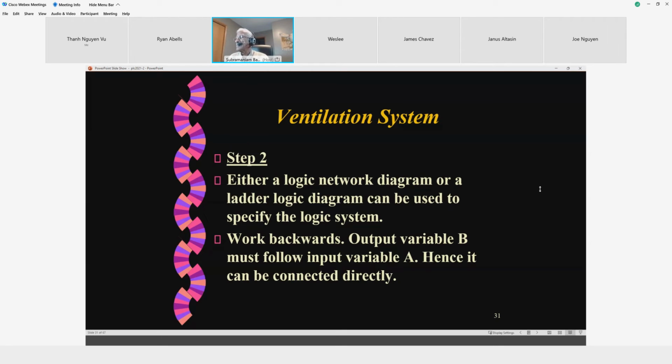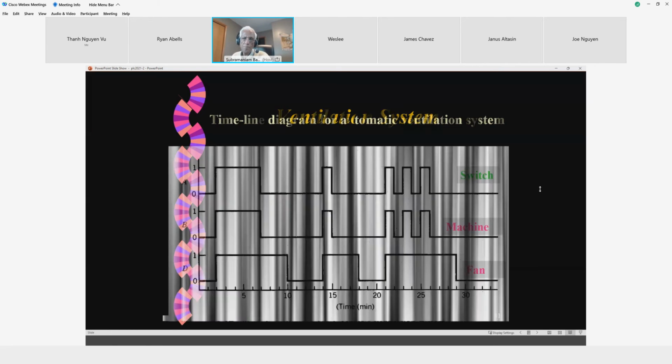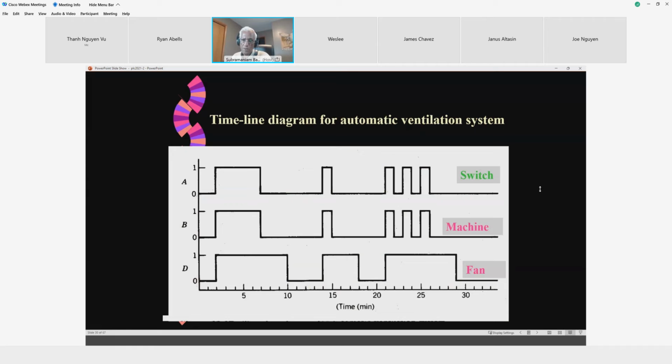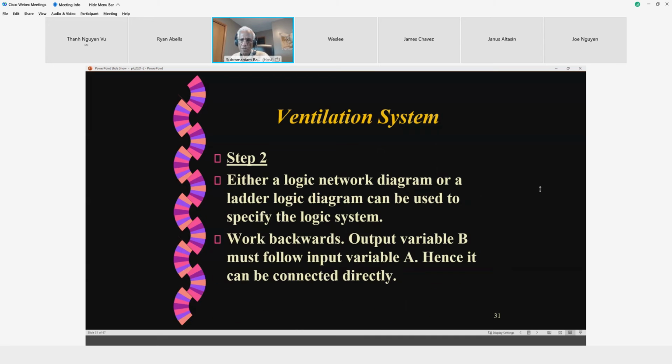So when I work backwards, output variable B, which is the fan or the machine. I don't know what I stated. Let's go back. Output B is the machine and D is the fan. So remember that. Okay. Output variable B must follow input variable A.